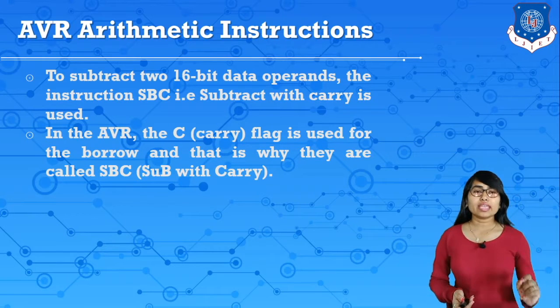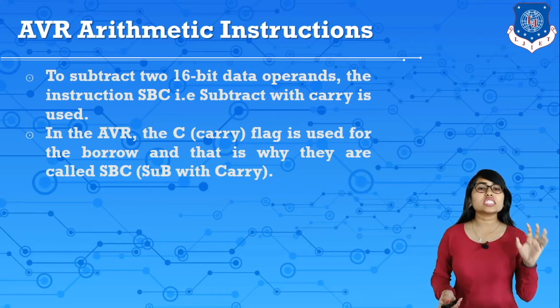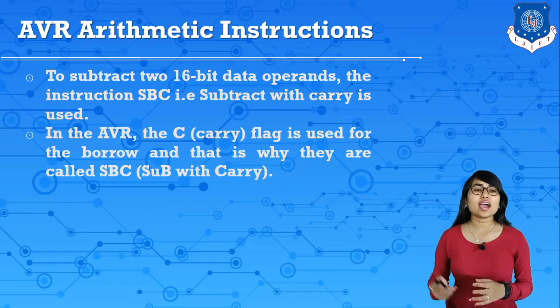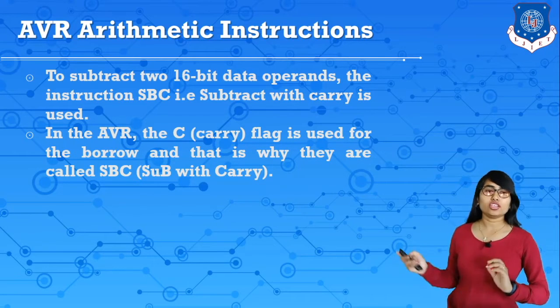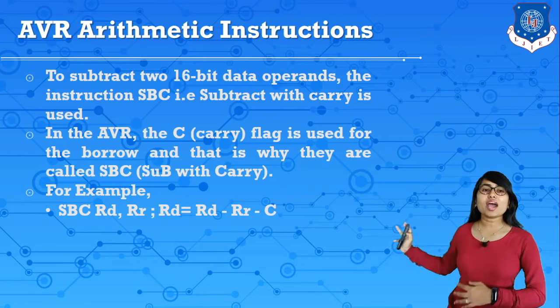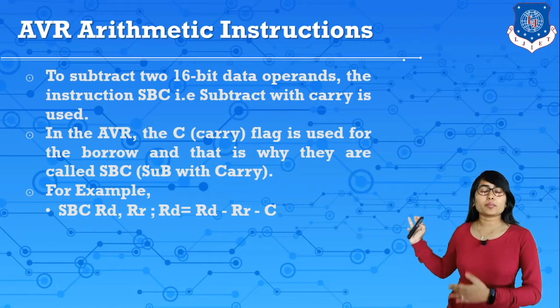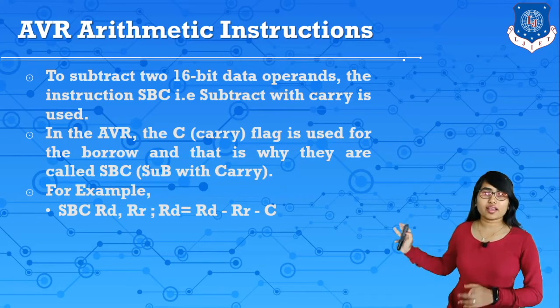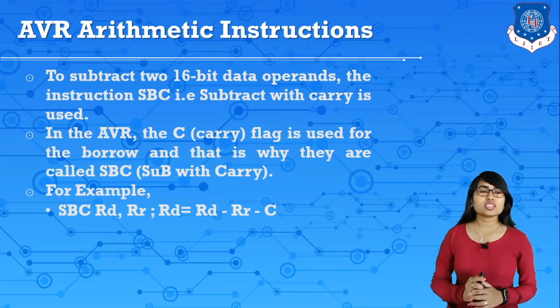In the AVR there is only the C flag, so for subtraction this C flag is used as a borrow, and that is why it is called subtract with carry. So here there is the instruction SBC Rd, Rr. This performs subtraction and stores the result, so Rd equals Rd minus Rr minus C. So this is the subtraction arithmetic instruction.